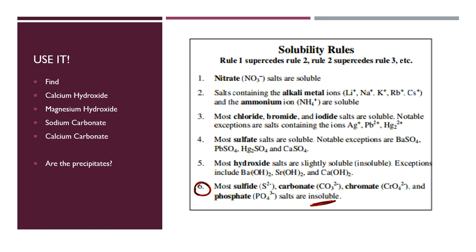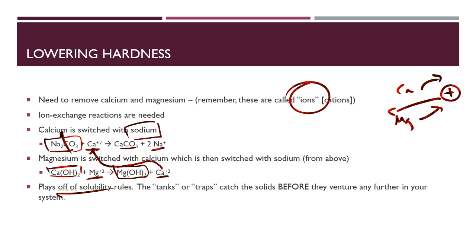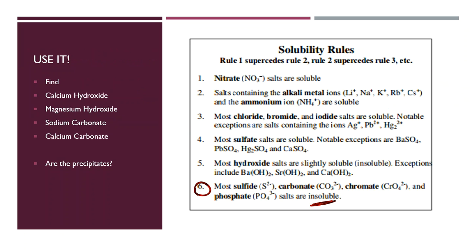All right, insoluble right there. Okay, well, that's not a big deal. That means that this is a solid, but that is going to react with the calcium possibly and give me calcium carbonate. All right, well, if I go back, most sulfides, carbonates, chromates, and phosphates are insoluble. All right, well, that's great.